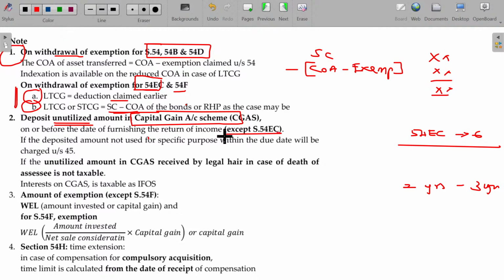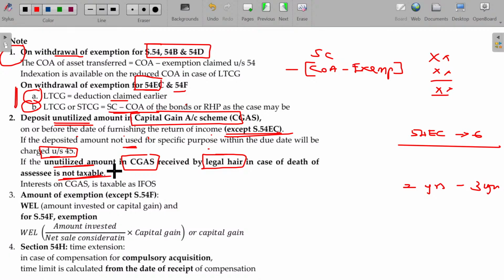This will not be applicable for what? 54EC. But for 54EC, only 6 months. On or before the date of furnishing the return of income, if the deposited amount is not used for the specific purpose within the due date, it will be charged under section 45. Unutilized amount in the capital gain account scheme, later on received by the legal heir on death, is also not taxable. In that case, it is not taxable.